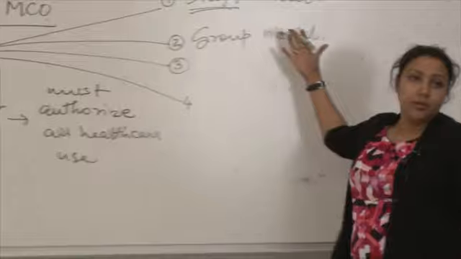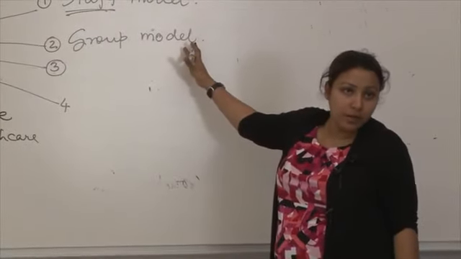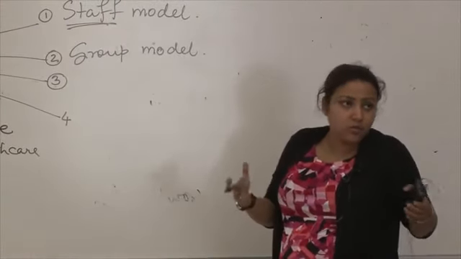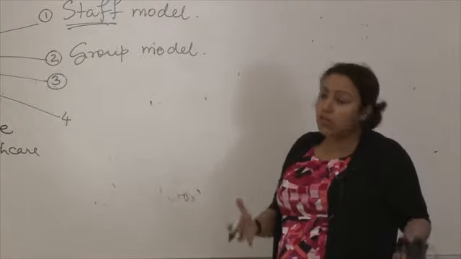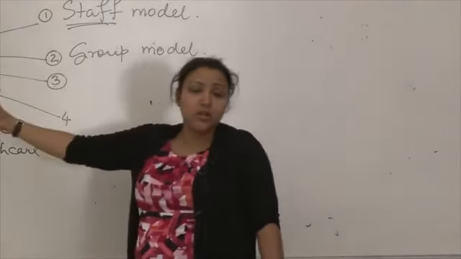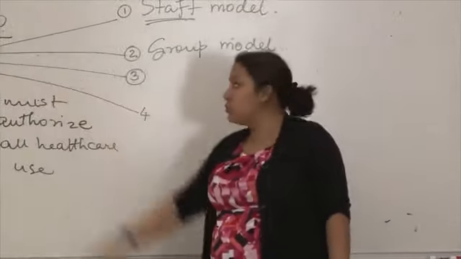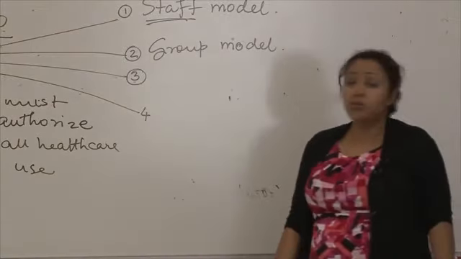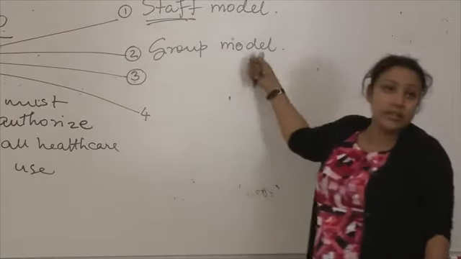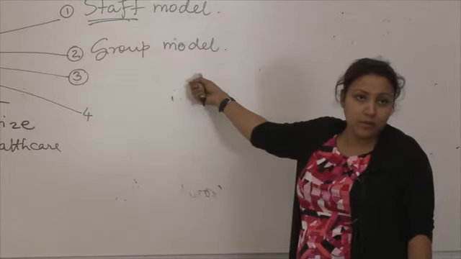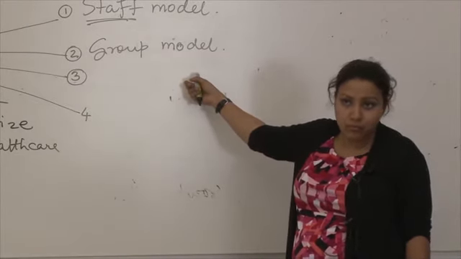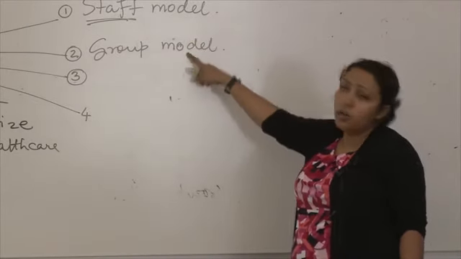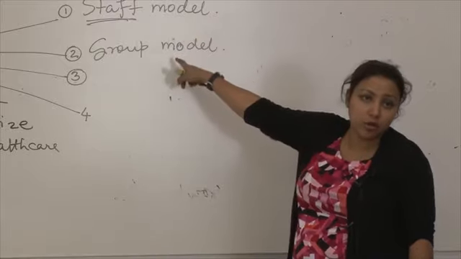You guys know that better than me. So the HMO will negotiate with that kind of group, and they will negotiate some lower price with them. And then the patients who are members of that HMO, the patients who get their insurance through this HMO, will be able to visit any doctor within that group. So this is one notch less restriction than the staff model.